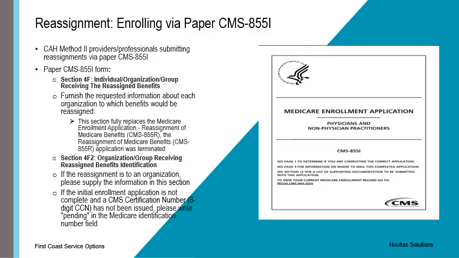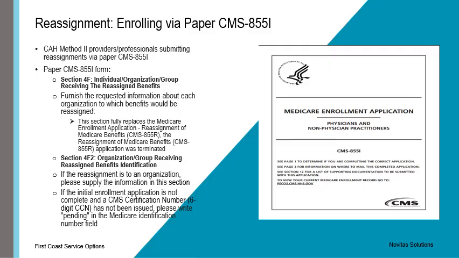This section fully replaces the Medicare enrollment application reassignment of the 855R. The reassignment of Medicare benefits, the 855R application, was terminated. Section 4F2, organization, group receiving reassigned benefits identification.